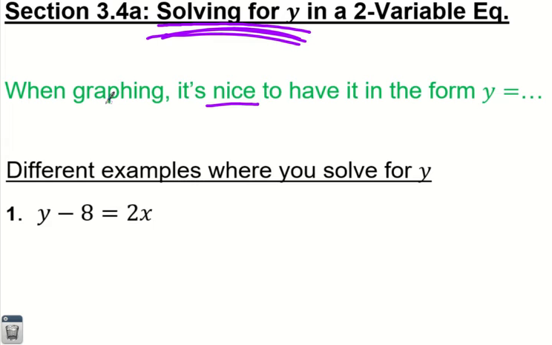When, like I said, when graphing. And so far we've seen that, as far as constructing a table of pairs. But here's a little bit of foreshadowing for you. There's going to be another more profound reason that we want y to be by itself.